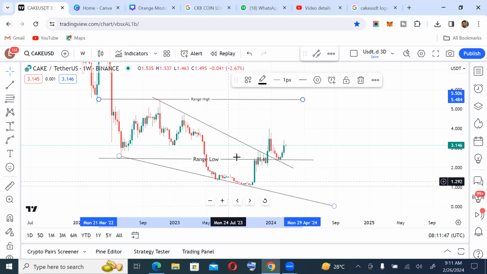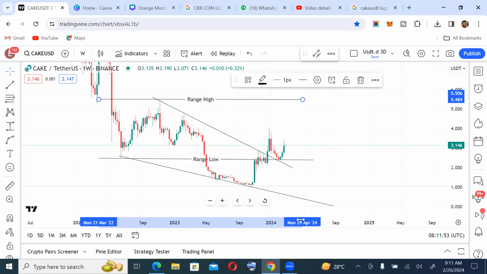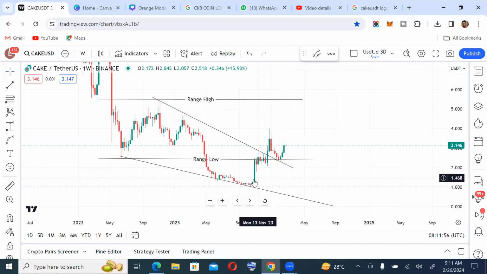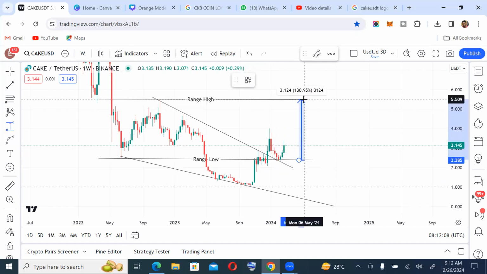So guys, range low, range high. Now, price broke out, retested this key level, tested our range low. Can you see how we retested it? So obviously we know the next point price is going to is back to the range high. It's as simple as that. We're going back toward the range high.